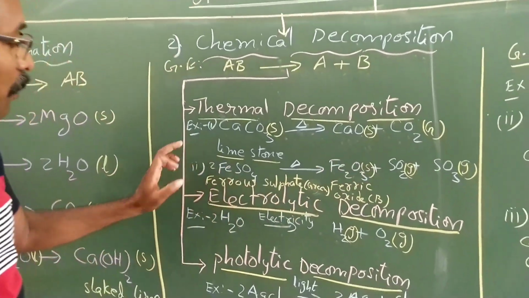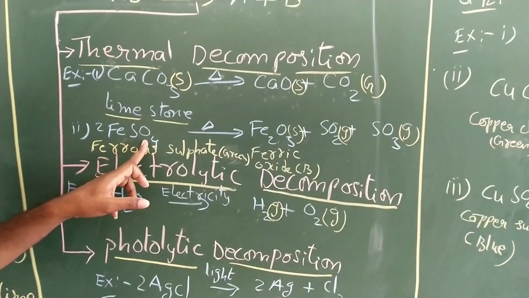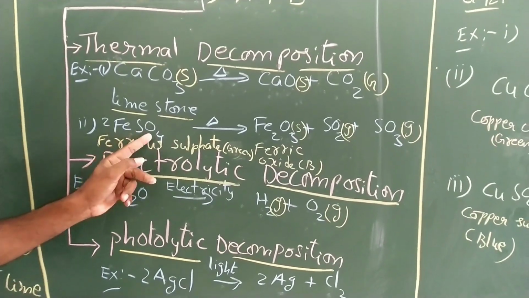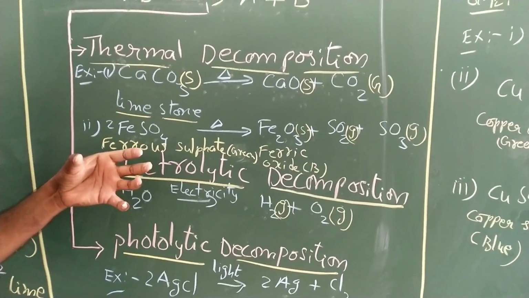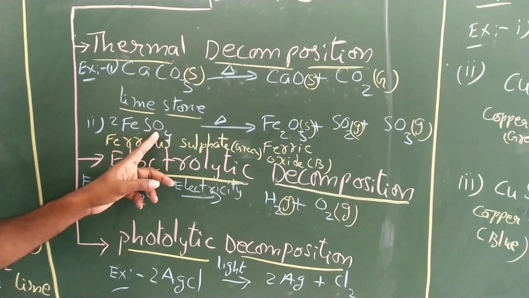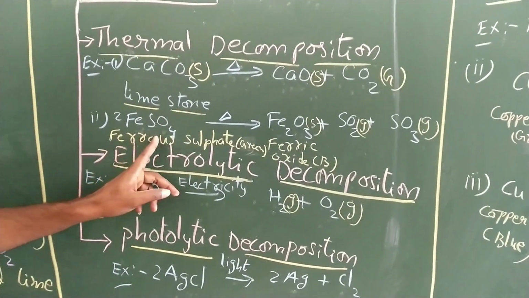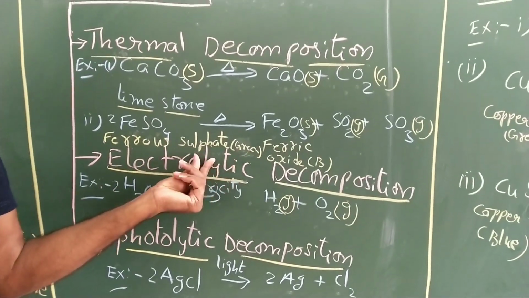Now come to the second example, ferrous sulfate. Actually, ferrous sulfate crystals are not only FeSO4; they also contain water molecules, so we generally say hydrated ferrous sulfate. It is greenish in color.